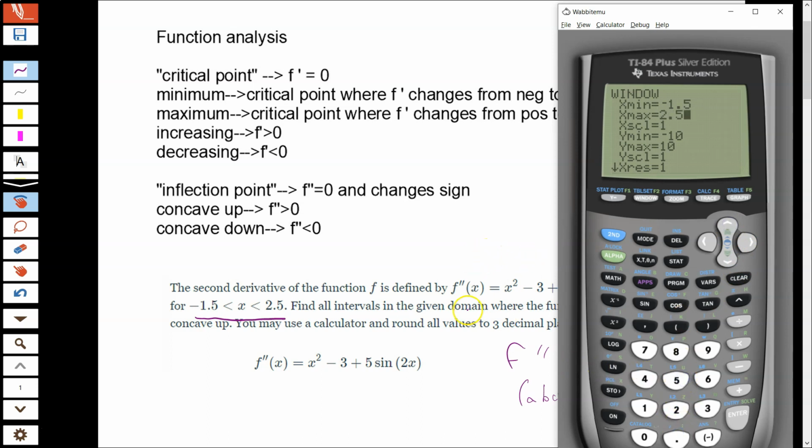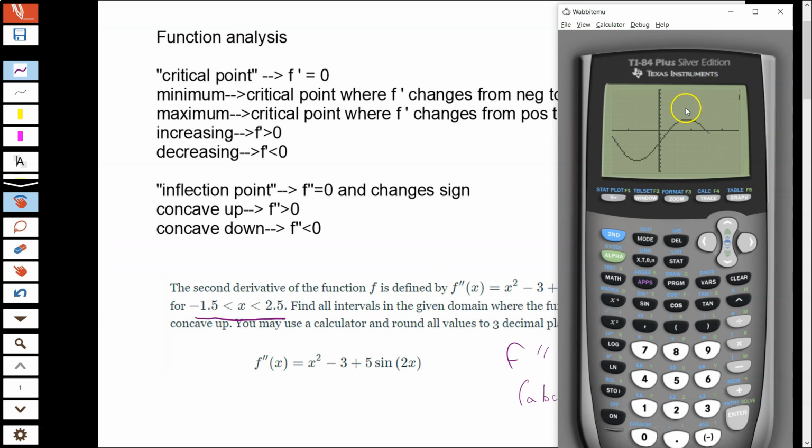Then I don't have to think about whether I'm inside the interval that I want or not, because the only values on the graph are the ones inside the interval. My y's, I'll just leave the same for now. If it looks like my graph is going outside of my window, I might want to adjust those and come back. But I'm going to leave them the same and see what I get. I'm going to hit graph, and it's looking nice.